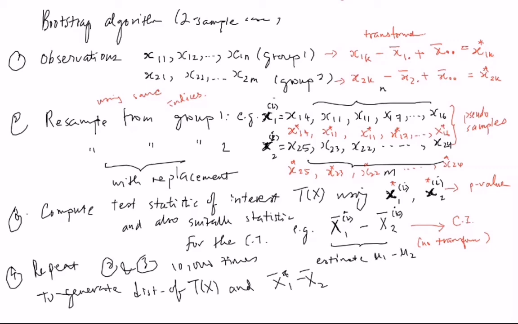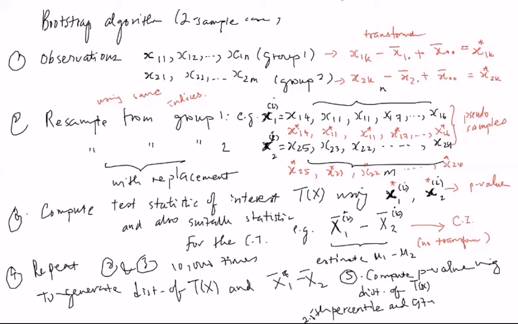All right, and finally, number 5, you compute the p-value using the distribution of Tx, and the percentile, the 2.5 percentile and the 97.5 percentile, they form the lower and upper limits of the 95% confidence interval for mu1 minus mu2, okay?